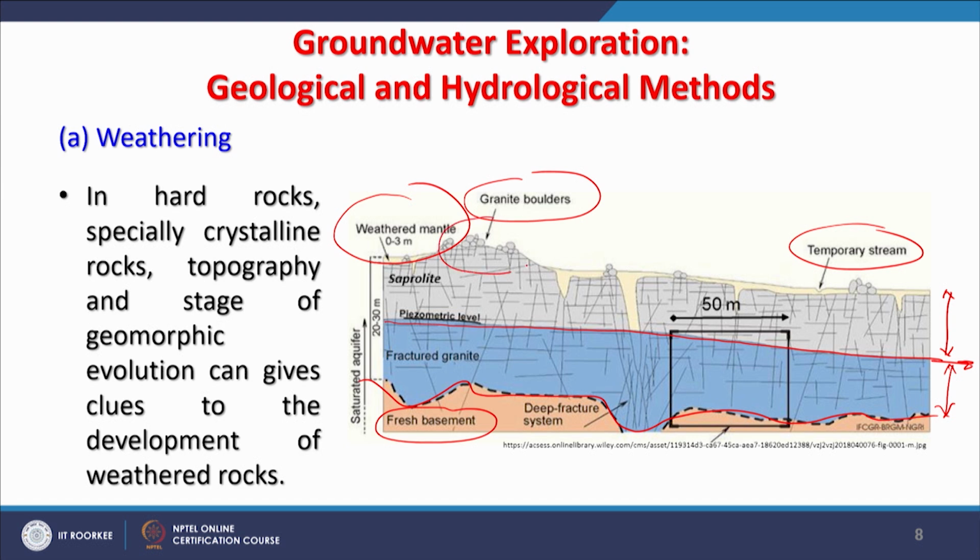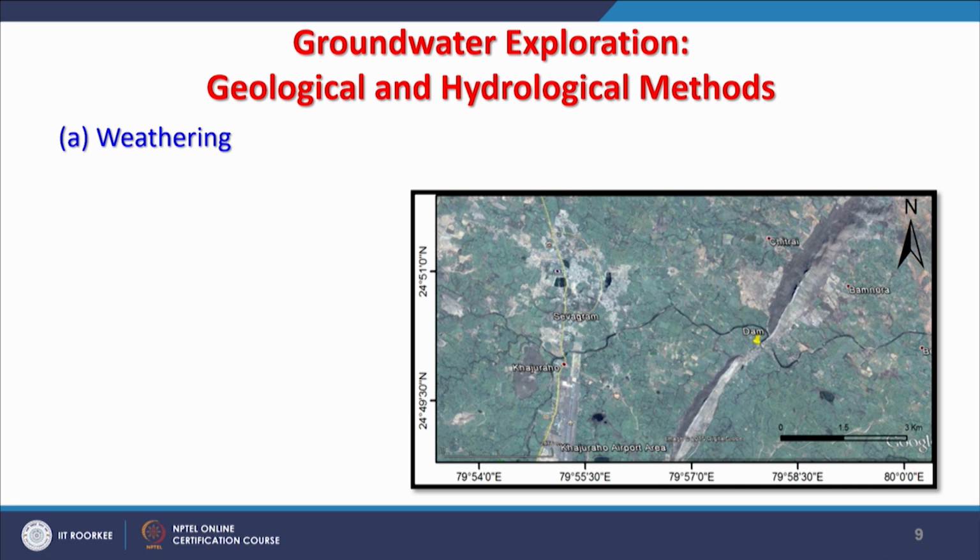As we can see in these granite terrains in many parts of India, there are a lot of boulders on the surface, telling us these have existed for a long time, and because of weathering and erosion, these boulders are on the surface. So, they indirectly tell about the geomorphic evolution of the area. But we are more focusing on weathering: how much, how deep, how extensive weathering is in the vertical direction as well as in the horizontal direction.